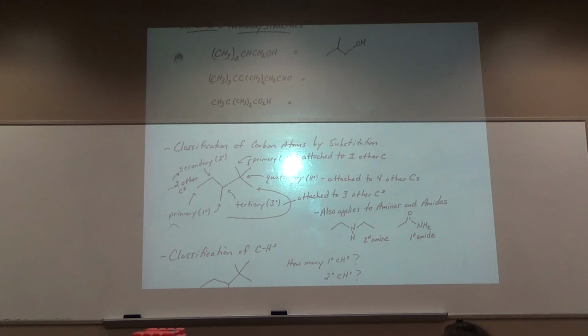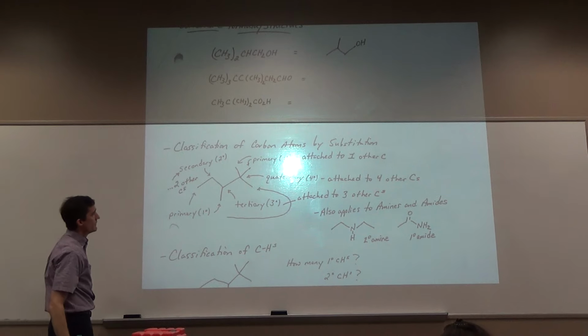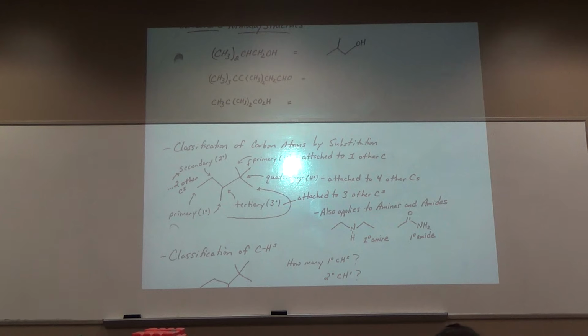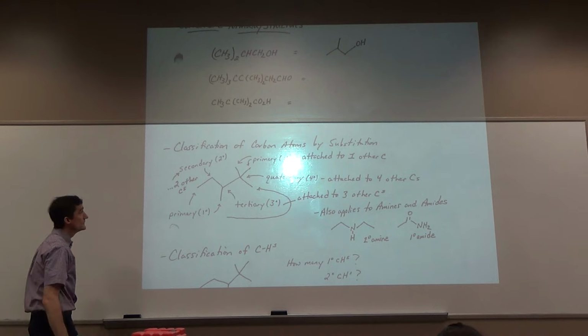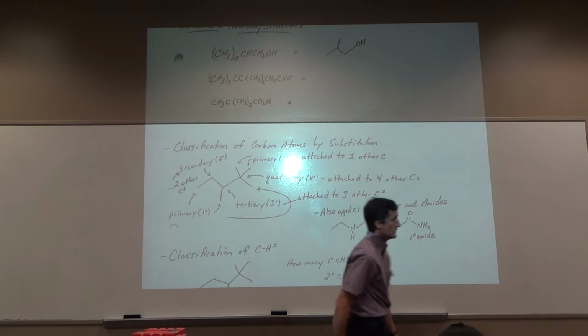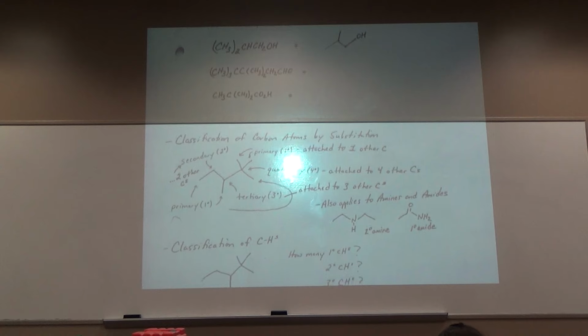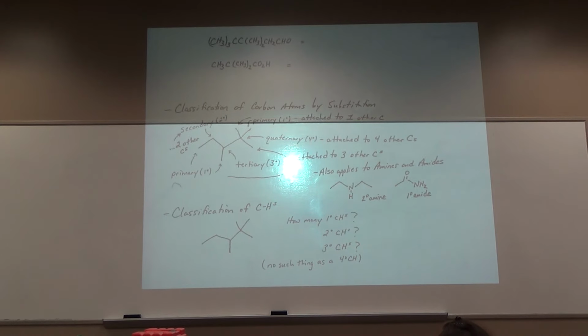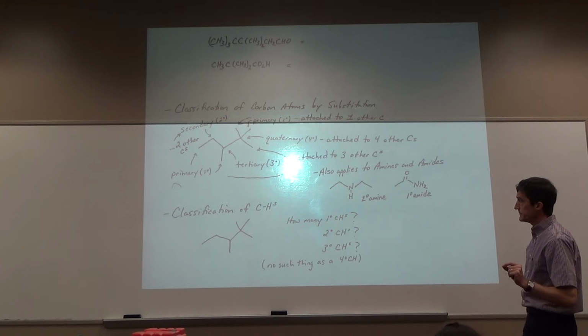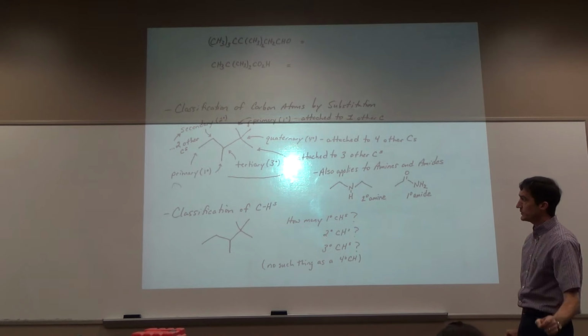So it's very standard. But now we can ask questions like, how many tertiary carbons are in this compound? It looks like it's just 1, right? 1 tertiary carbon. We can also classify the H's, calling them a name based on what type of carbon they're on.